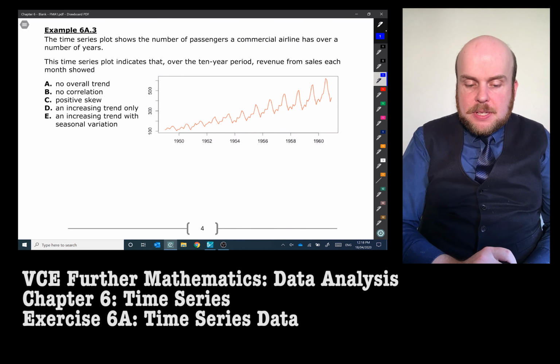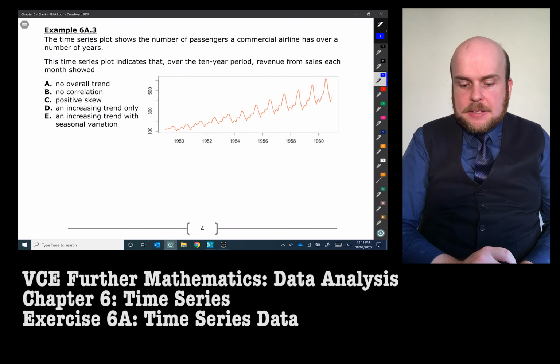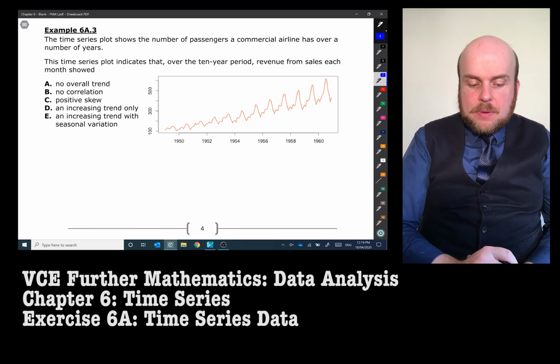6A.3. The time series shows the number of passengers a commercial airline has over a number of years. This time series plot indicates that over the 10-year period, revenue from sales each month showed one of those 5 things. Either no overall trend, no correlation, positive skew, an increasing trend only, or an increasing trend with seasonal variation.